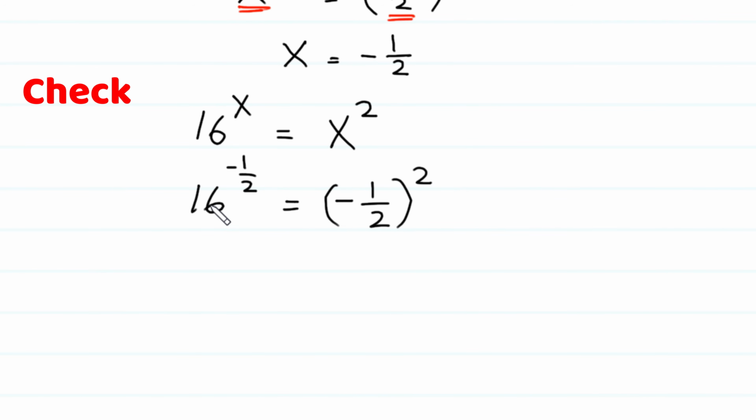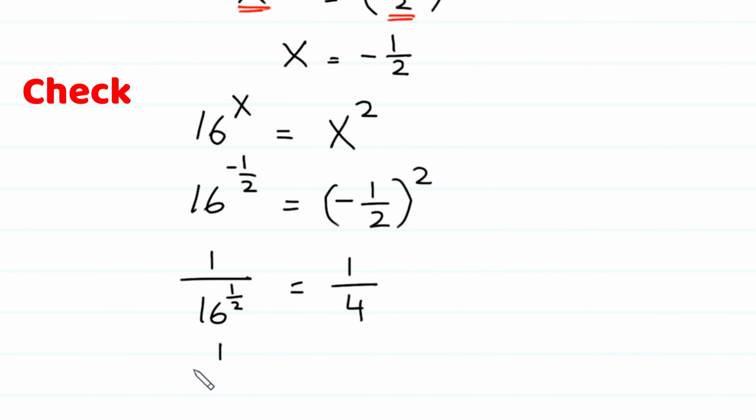Next, this 16 has power negative 1 over 2. To make this power positive, we write it as 1 over 16 to the power positive 1 over 2 is equal to square of negative 1 over 2, which is equal to 1 over 4.